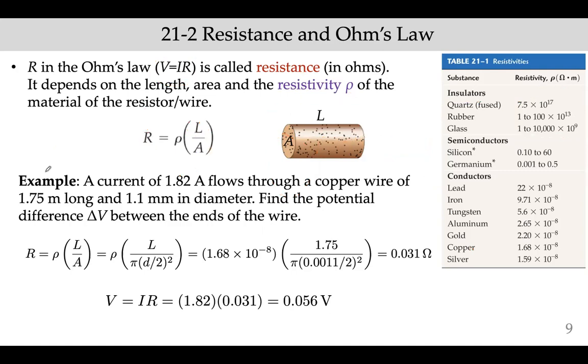Okay, let's look at the example. A current of 1.82 amperes flows through a copper wire 1.75 meters long. So this is the L value. Here the current is given, and the diameter is given. Remember, if this is the radius, the diameter is the whole thing, so D is equal to 2R.